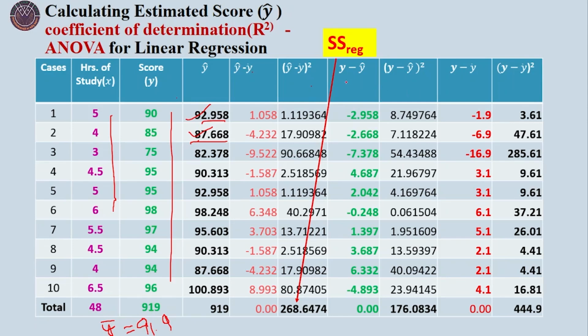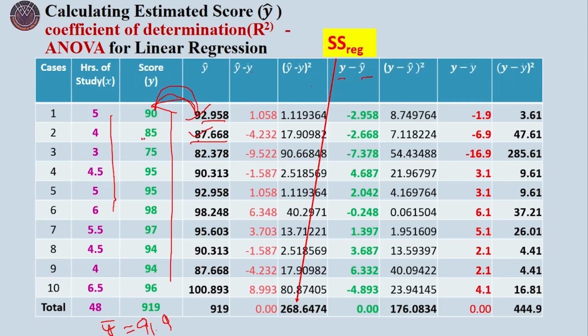Now the next column is y minus y cap. This particular column gives you the extent of residual. This is the observed value of y, and this is the predicted value of y. For each particular value of y, you can see this. When you use these two, 90 and 92.958, and subtract, you will get this one.